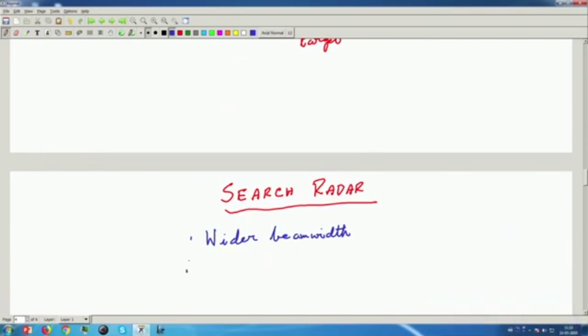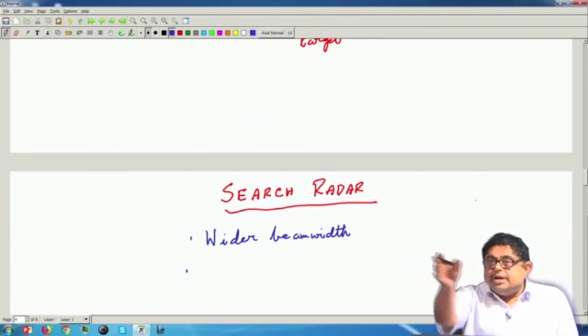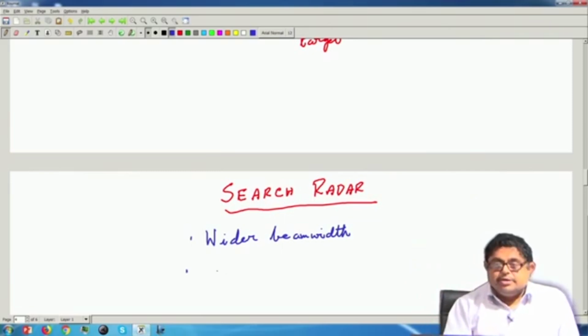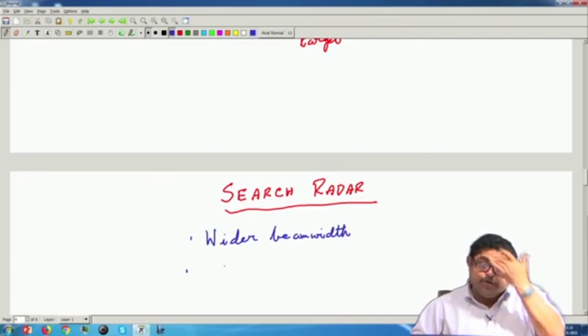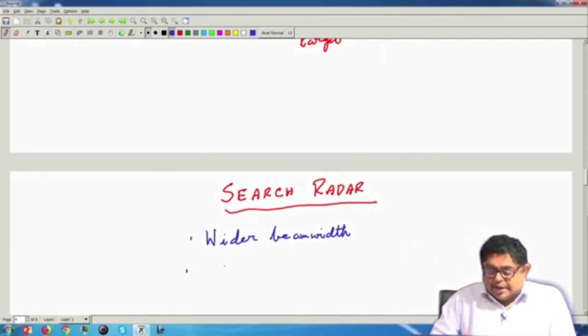Now, when it sees an echo, when it understands that there is a target, it will have to give some rough estimate of the position of the target. Range is one coordinate, which in a spherical coordinate system we call the radial distance, r.